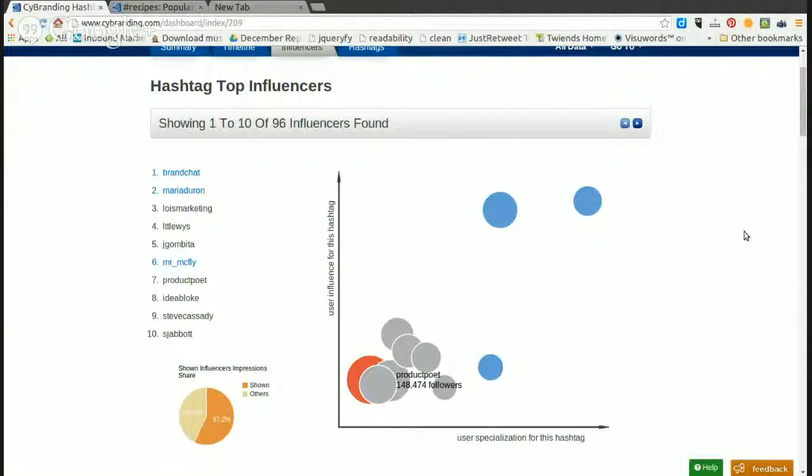So at this point, it would make a lot of sense to start following these influencers, share their content, and make comments on their content. The comments should not be spammy. They should be, as much as possible, original, and they should add to the conversation.